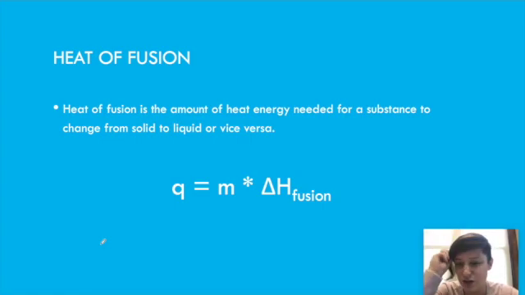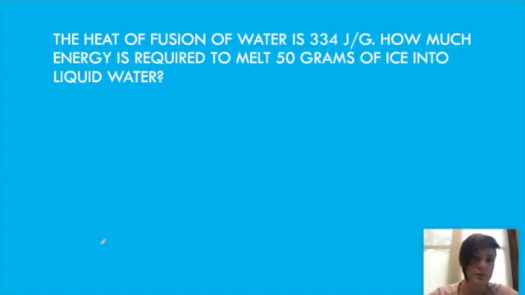Generally, we're just going to use it to calculate how much heat is being generated. However, you might see problems where you have to find the delta heat of fusion. You're given heat and mass, and we find our heat of fusion. But this isn't too bad. So let's get into it.